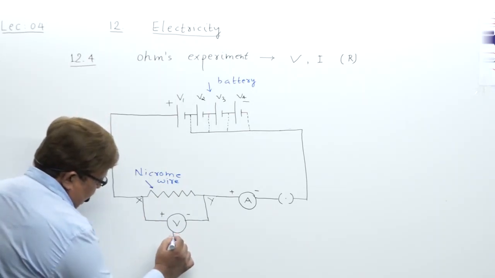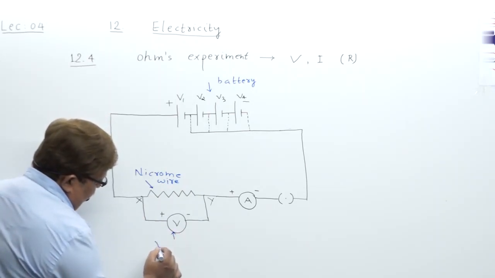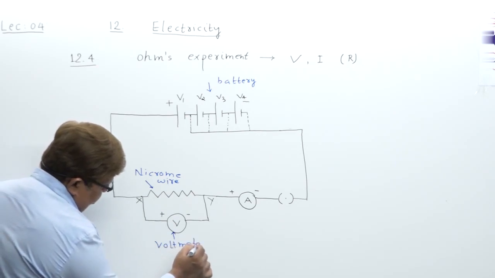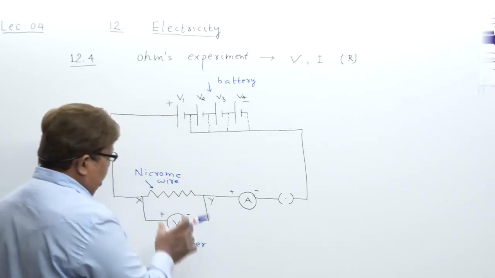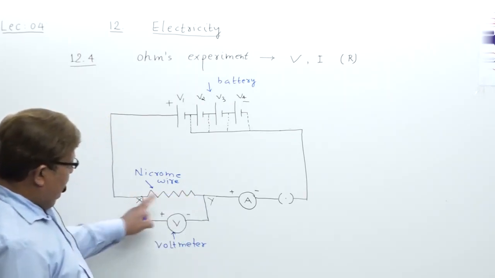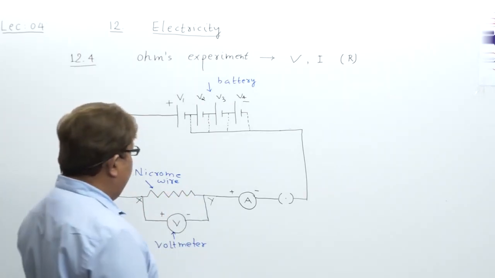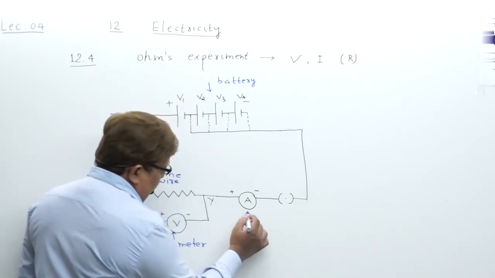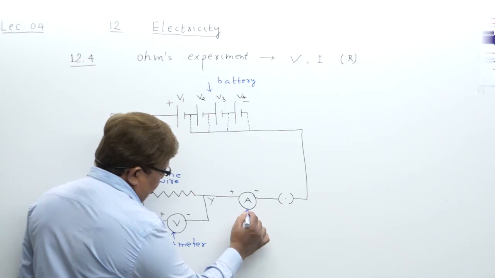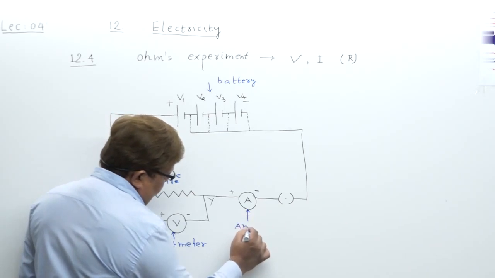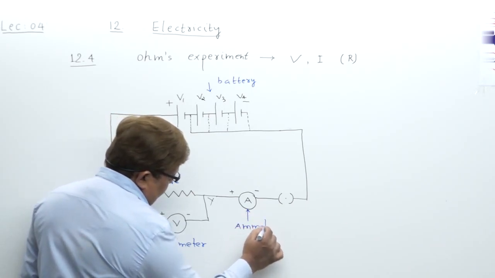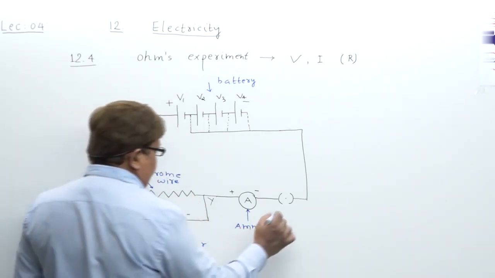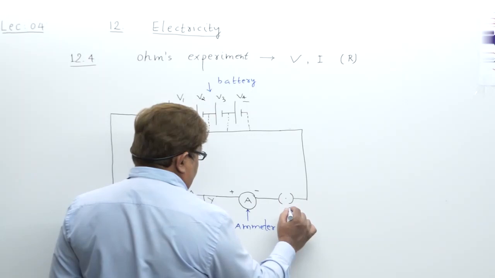This is a voltmeter, to measure potential difference across two ends of the resistor. This is an ammeter, to measure the amount of current passing through this resistor, and this is the plug key, as you all know.